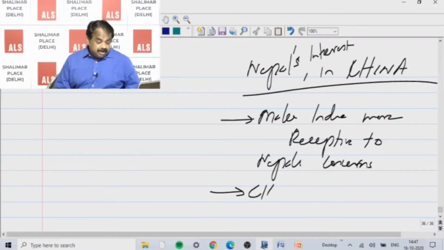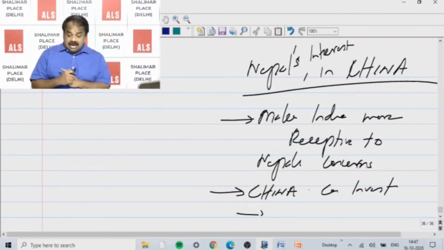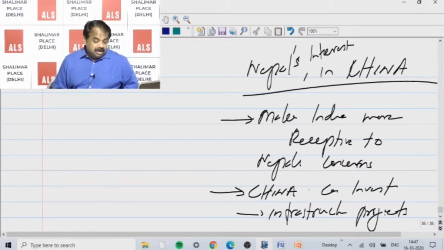The second point is that China has money and can invest, and Nepal is one of the poorest countries in the world, and they expect some of the infrastructure projects to be completed.